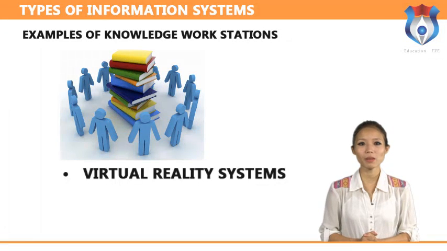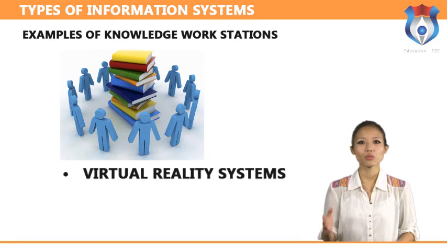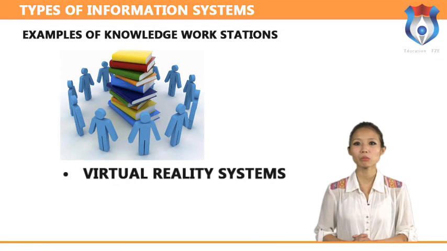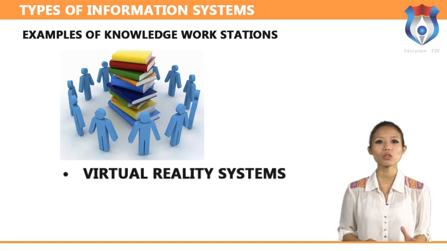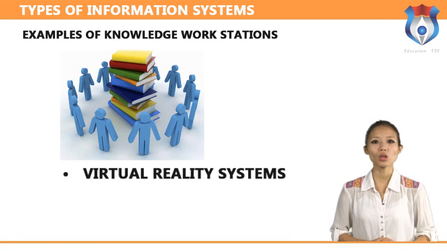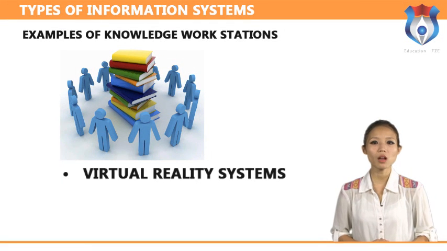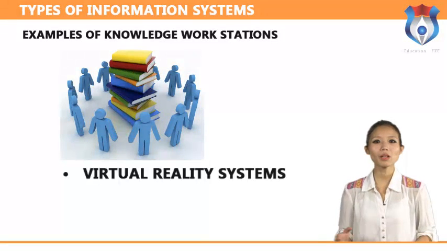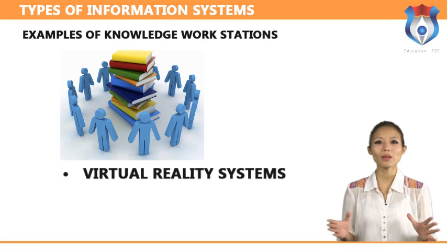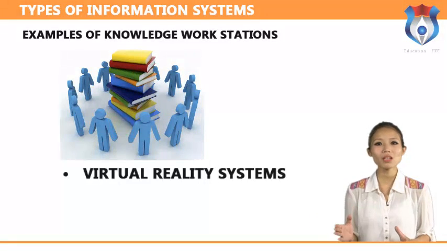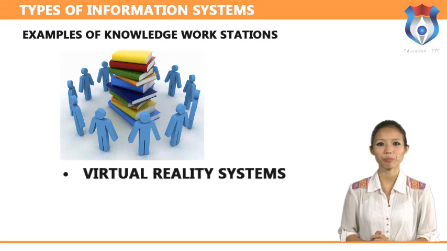VRML is a set of specifications for interactive, three-dimensional modeling on the World Wide Web that can organize multiple media types, including animation, images, and audio to put users in a simulated real-world environment. For example, DuPont, the Wilmington, Delaware chemical company, created a VRML application called HyperPlant, which enables users to access three-dimensional data over the internet using web browser software.